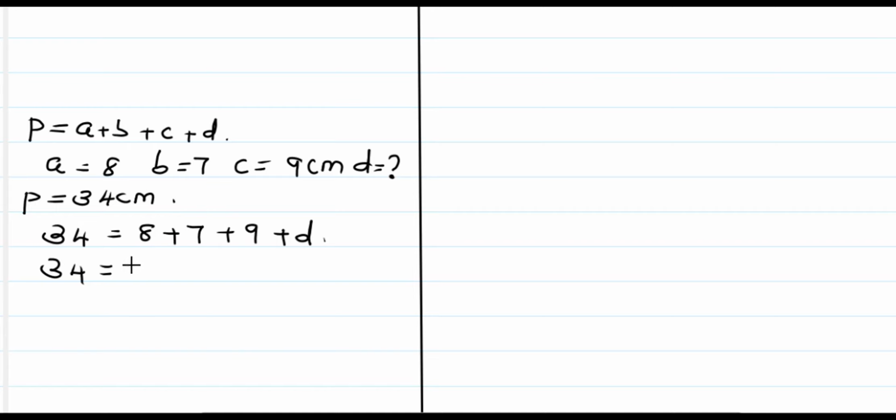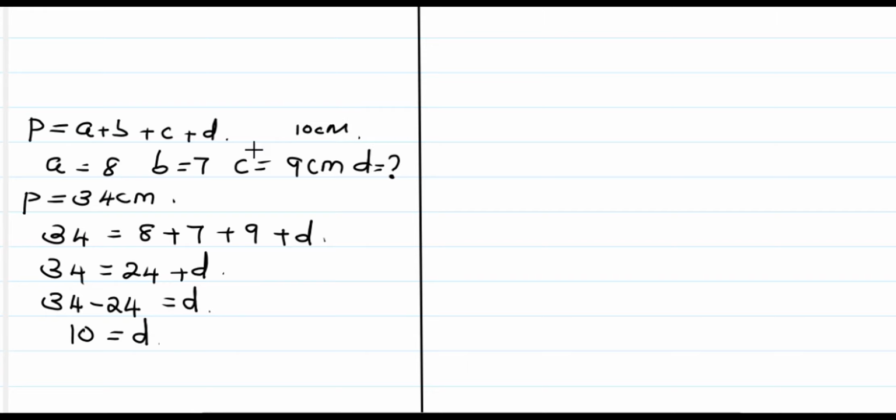So we say 24 plus D. And then to get D, we move 24 to the other side. Now it becomes 34 minus 24 is equal to D. So 34 minus 24 is 10, which is equal to D. So our D here now becomes 10 centimeters.